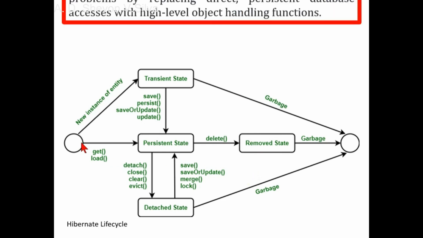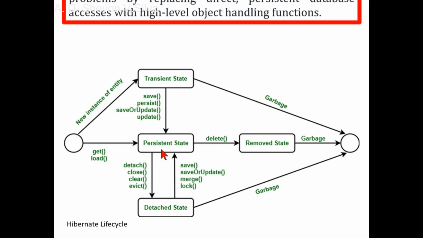The transient state is reached via a new instance of the entity. The transient state is connected to the persistent state via the save method, persist method, saveOrUpdate method, and update method. Via the get method and load method, it is connected to the persistent state.